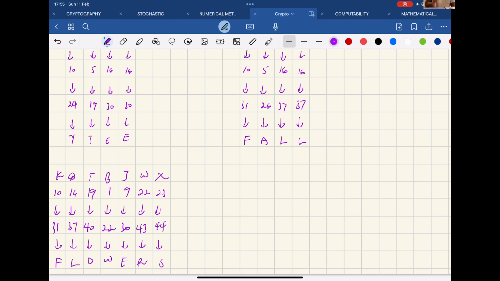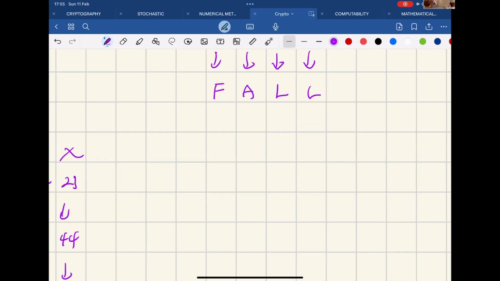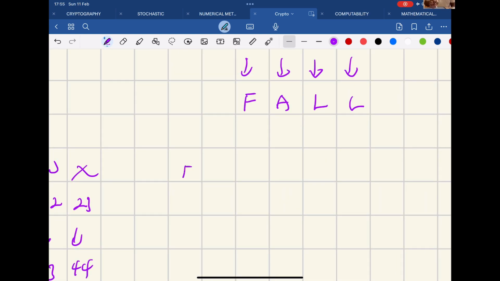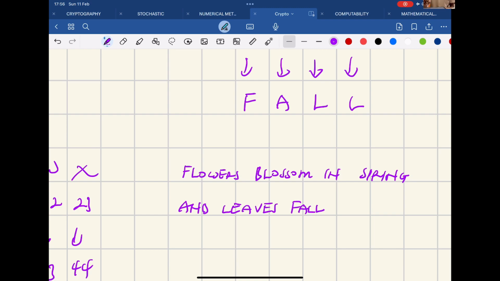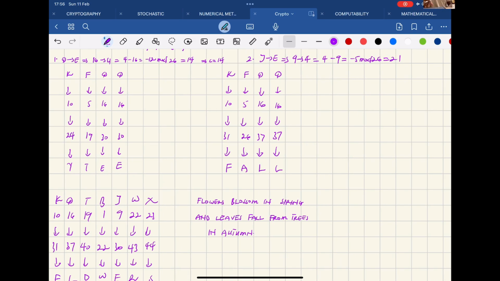After knowing this, you can apply it to the rest of the cipher text, and the answer will be: flowers blossom in spring, and leaves fall from trees in autumn.